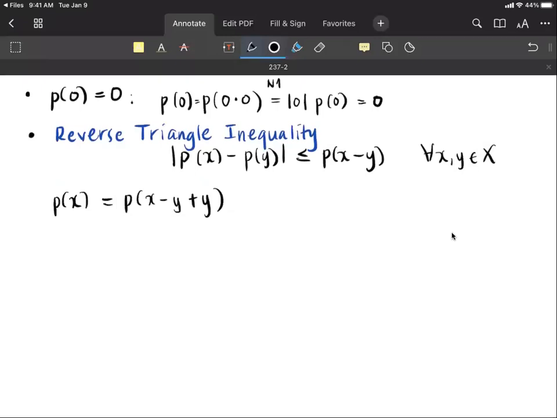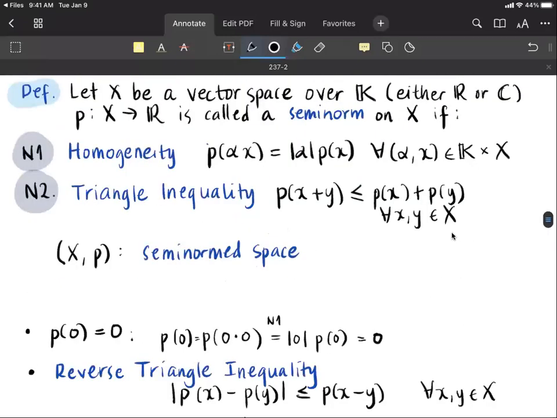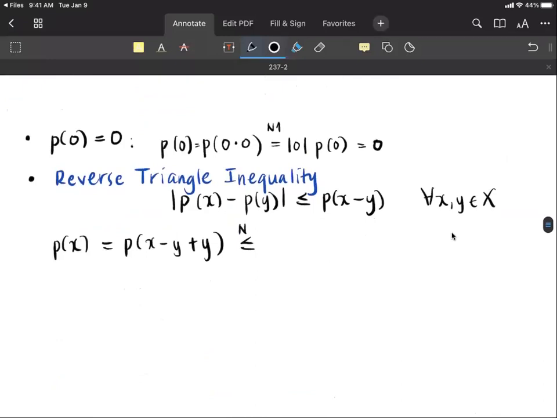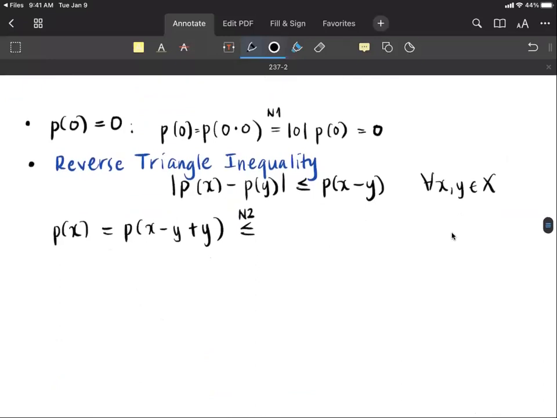And this is one of the common or old tricks in analysis, adding 0. Okay, so from nothing, we will get something. Here we will apply the triangle inequality, that should be N2. So the seminorm of the sum is less than or equal to the sum of the seminorms.